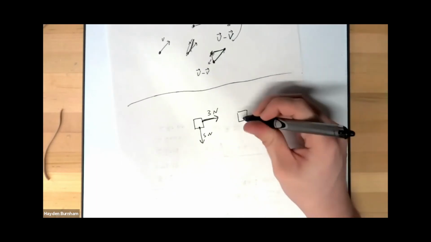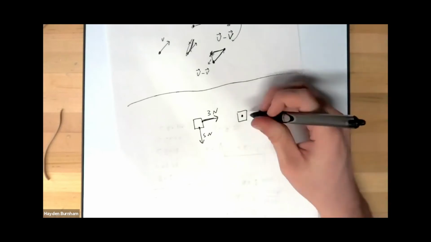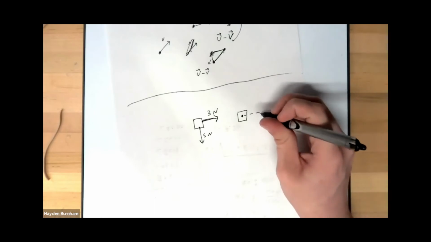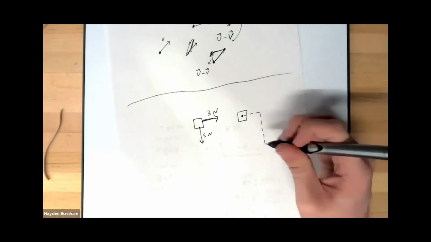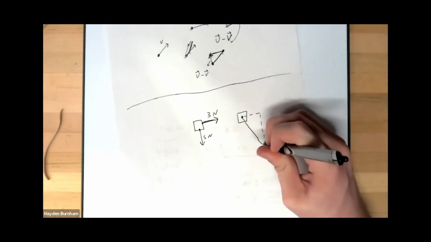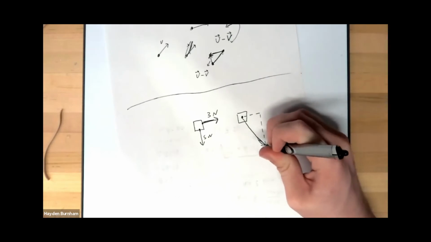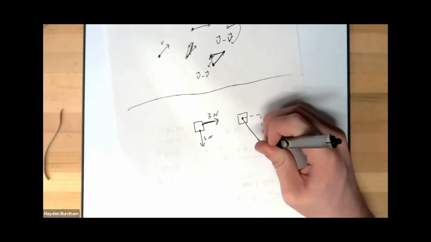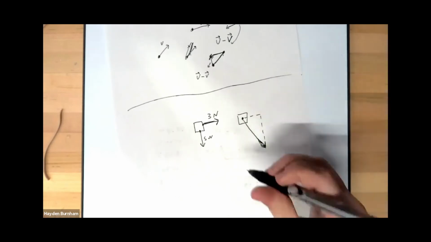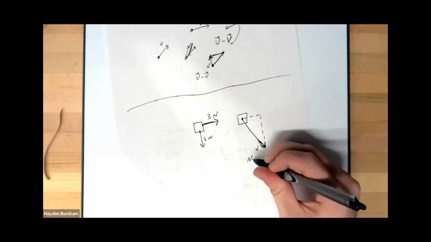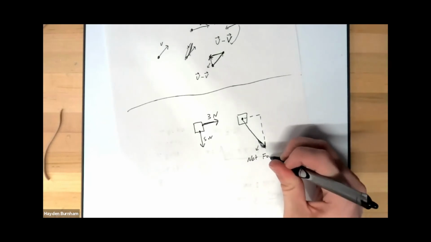So you have this new box. I should actually be drawing it in the middle. And it's going to be like 3 over and 5 down. So this would be your actual force vector, or we would call it the net force vector, or your magnitude.